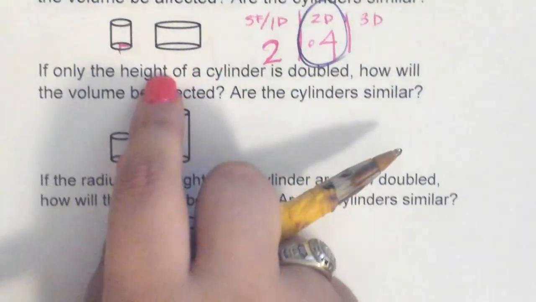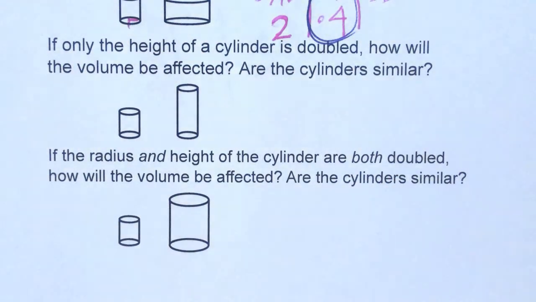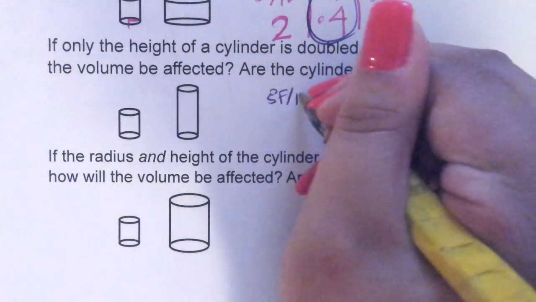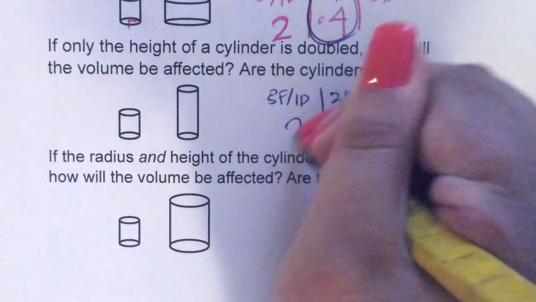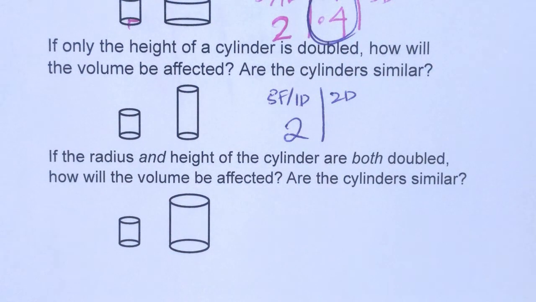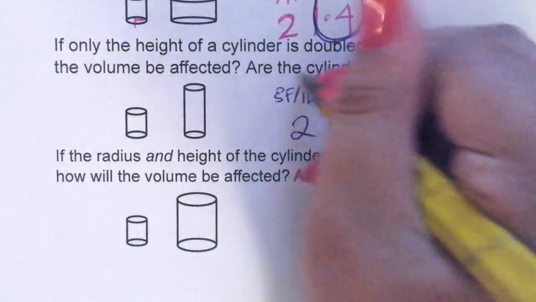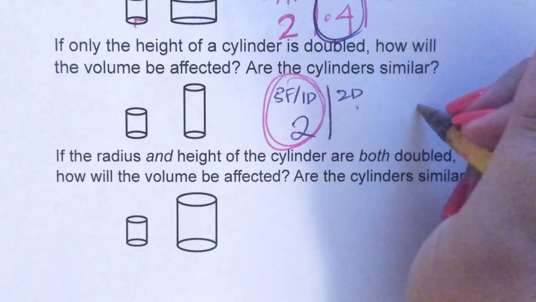But what if I only double the height? How many dimensions is a height? 1 dimension. So if I double the height, what's my scale factor? 2. How will my volume be affected? Multiply by 2, because it's not 2 dimensions, it's not 3 dimensions.